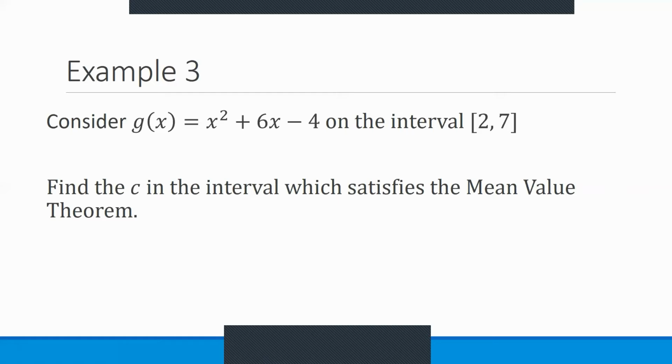We should all know now that polynomial functions are smooth, meaning they're differentiable and continuous everywhere. In particular, they're differentiable and continuous on the interval from 2 to 7. So the mean value theorem will apply for g of x on this interval.